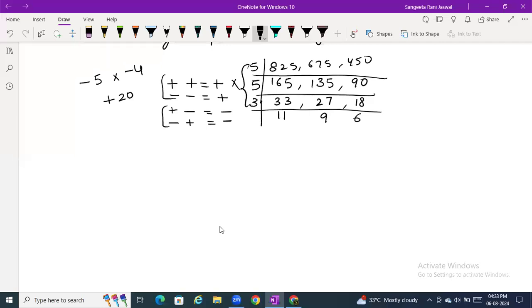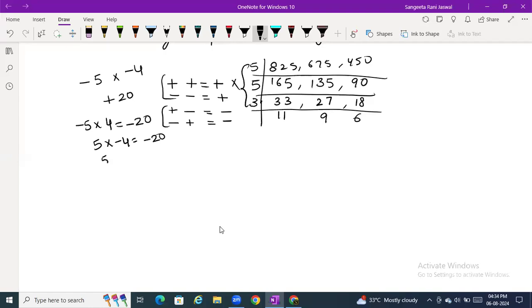Now suppose you have the number minus 5 into 4, then what will you do? 5 into 4 is 20. But what will be the sign? This is minus and this is plus. So minus into plus is minus, so we will put a minus sign. Same way, if you have 5 multiplied by minus 4, then this will be 5 into 4 is 20 and plus into minus is minus.